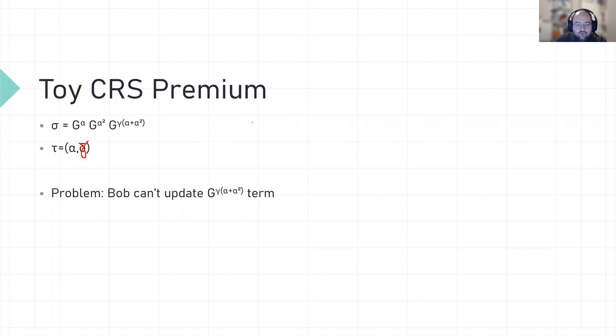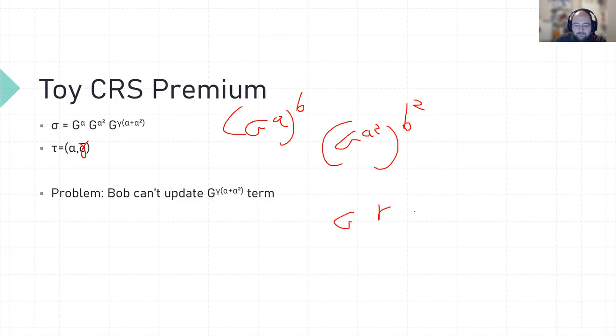Why is that? Because if Bob starts with g to the A and g to the A squared, he knows that all he needs to do is raise the first element to the power of B and the second element to the power of B squared. So this is fine for Bob. But Bob has no idea what he's supposed to do with this element. Here he raises the element to the power of B, here he raises the element to the power of B squared. Should he try and raise this element to the power of B?